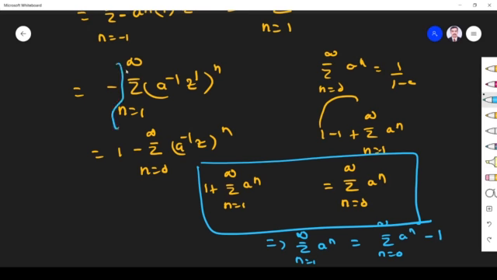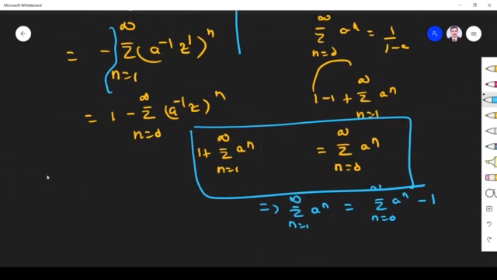So instead of this, I can write this. Summation n goes from 1 to infinity, I can write as summation n goes from 0 to infinity of a^n minus 1. But if I multiply this factor with -1, this will become 1 minus summation n goes from 0 to infinity of a^n, because I have 1 minus here. So it will become 1 minus summation n goes from 0 to infinity of (a^-1 z)^n, right?